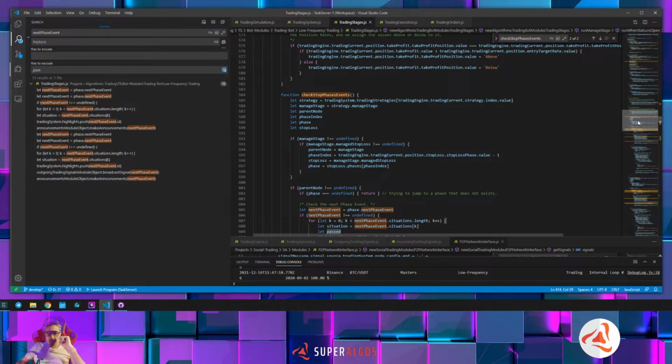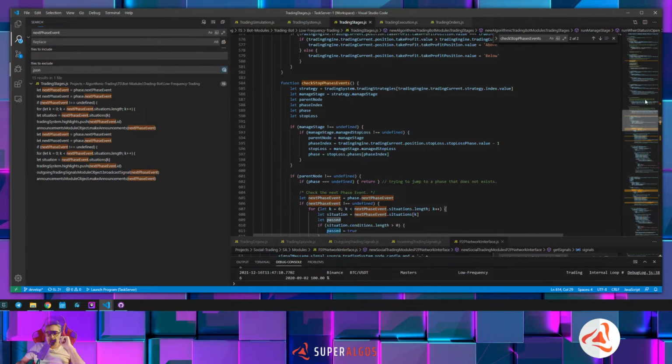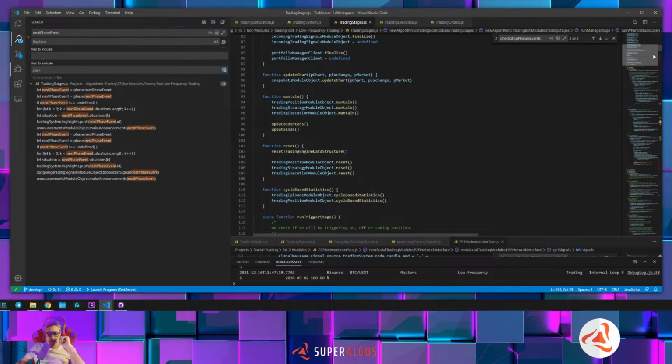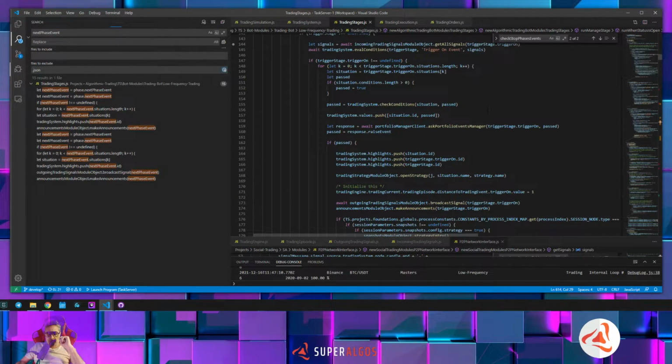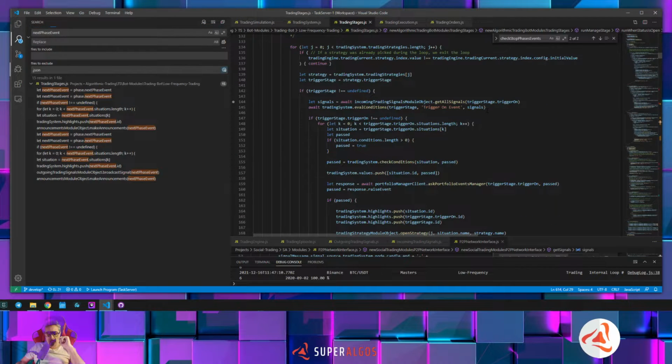So let's remember how we did it with the trading system trigger on. That is also an event. So before iterating, well, this is not even perfect because this should be inside here because here is the trigger on. Okay, so there's no point to execute this if there is another trigger on.